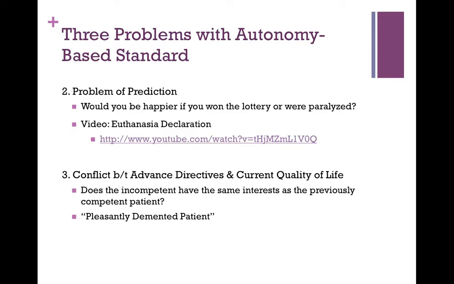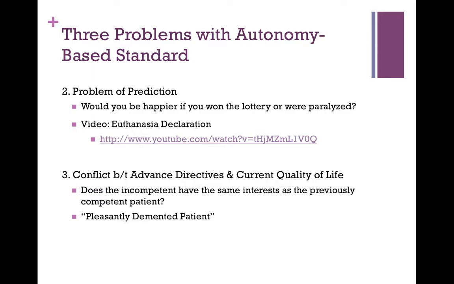There's another problem that comes up and is worth mentioning when we talk about autonomy-based standards, and that is that oftentimes there's a conflict between one's advanced directive and one's current quality of life. What you'll find is that sometimes when people leave these living wills, or make oral directives or what have you, they'll want one thing.